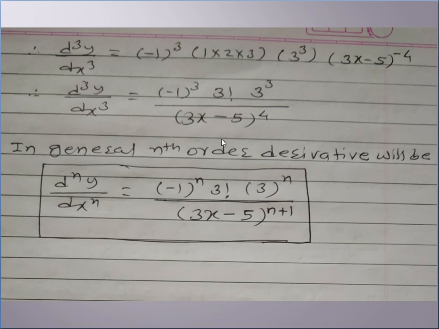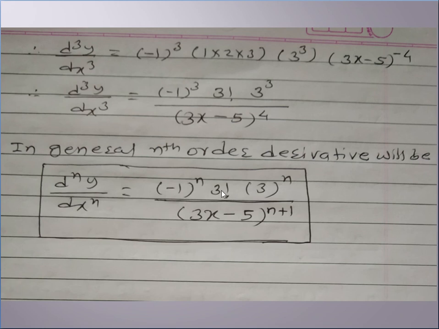Now, observing this third order derivative, in general, the nth order derivative will be d raised to ny upon dx raised to n is equal to minus 1 raised to n into n factorial into 3 raised to n upon 3x minus 5 bracket raised to n plus 1.